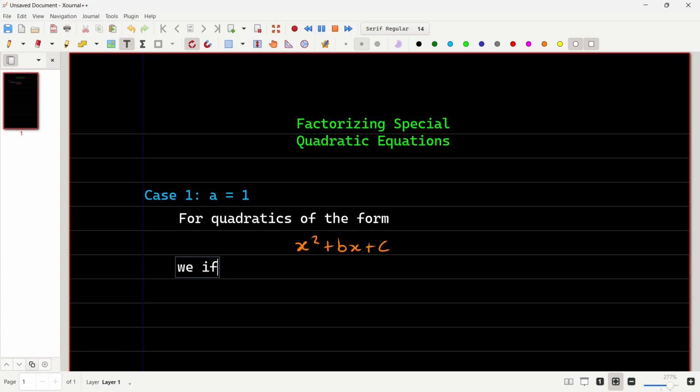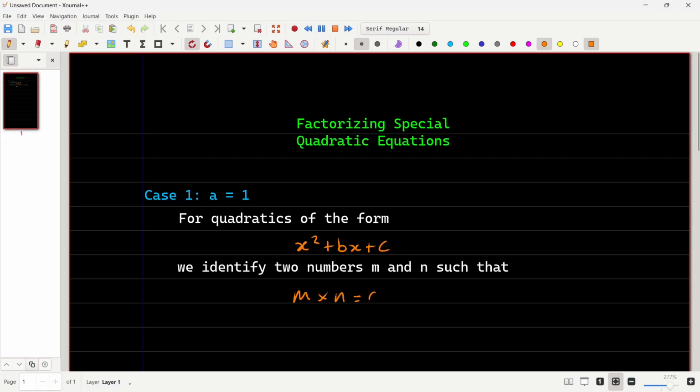We identify 2 numbers m and n such that m times n equals c and m plus n equals b.